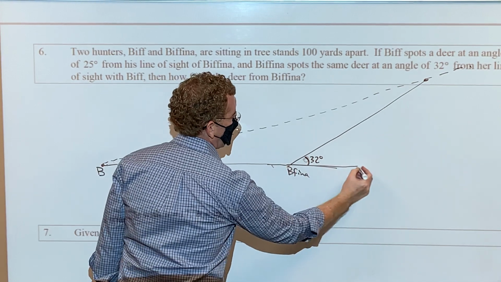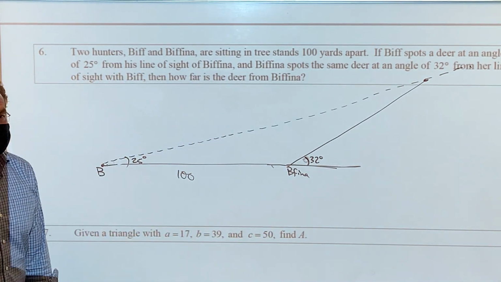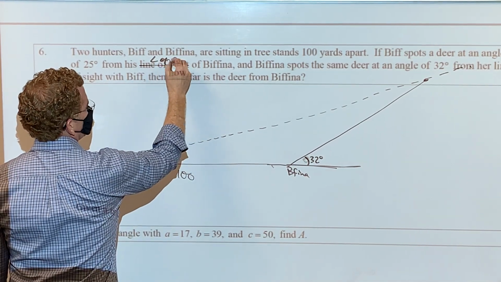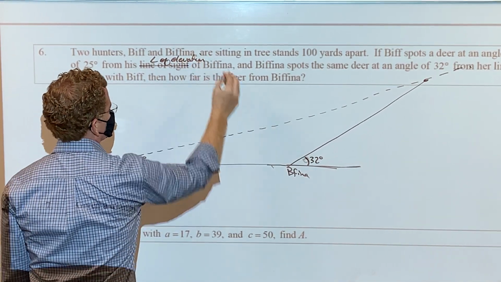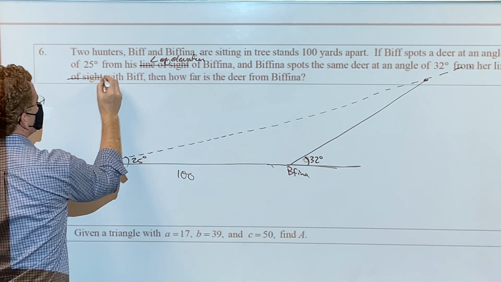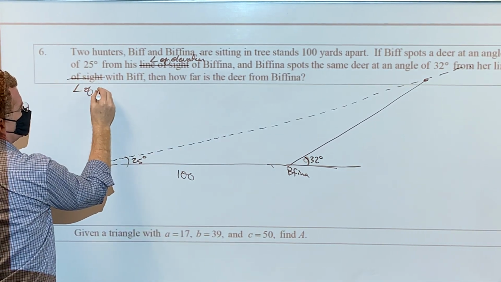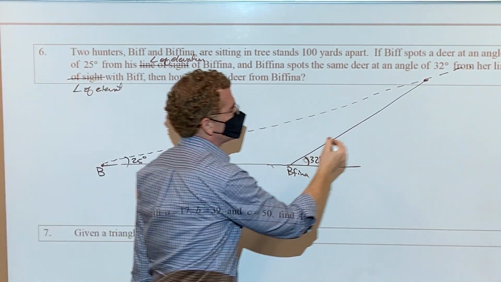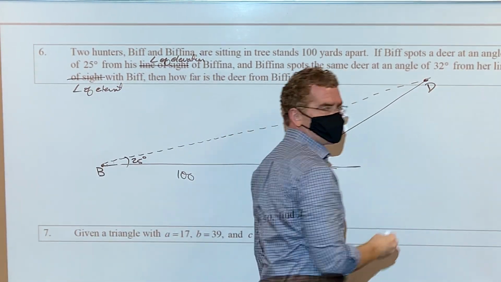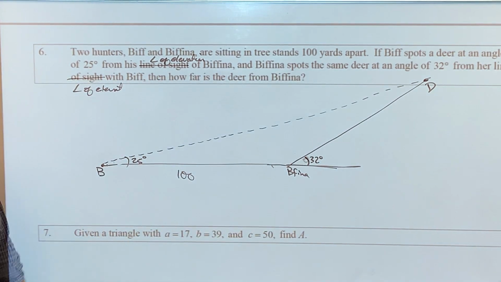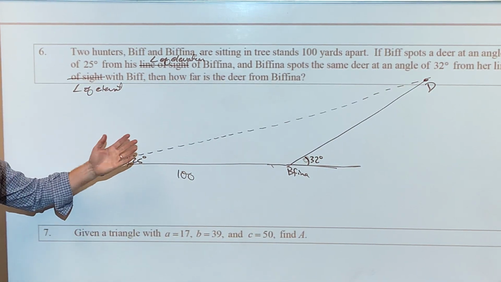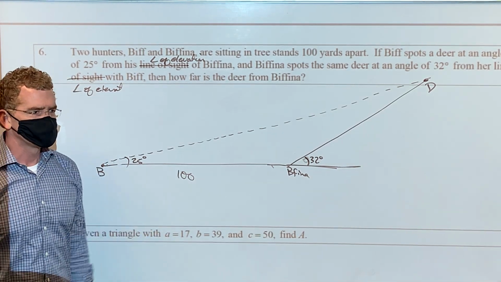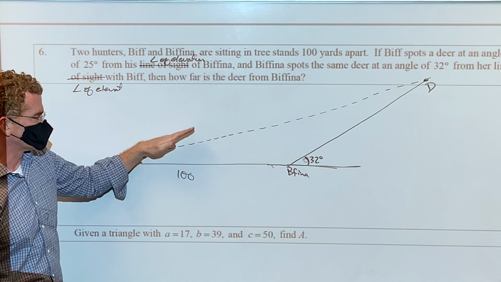But if I just said with an angle of elevation, like if I change that from line of sight to angle of elevation, and you remember what angle of elevation is, right? Yes, no? Technically, this could be the deer also if I had said angle of elevation. But that technically is not true too, because if I'm looking from an overhead view, then that would be angle of elevation.